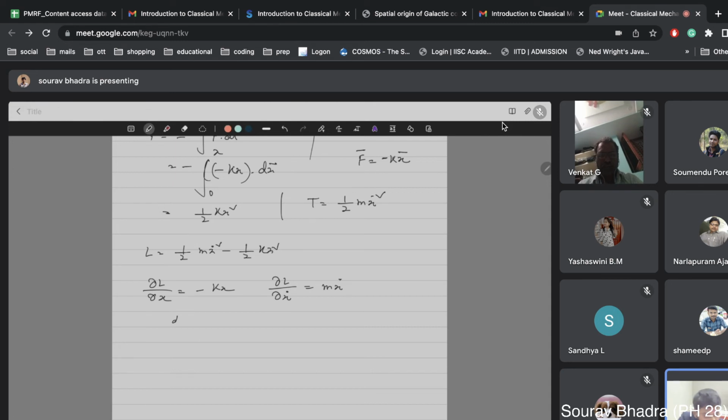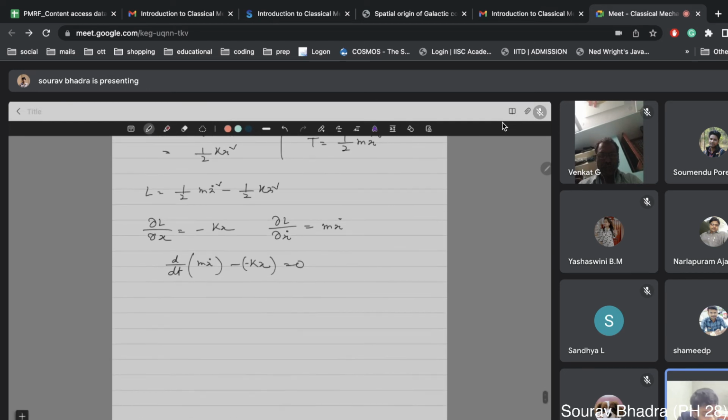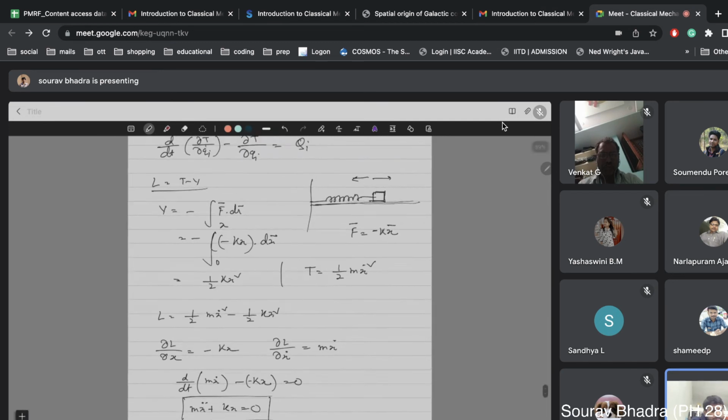So the equation is d/dt of ∂L/∂x dot, that is m x dot, minus ∂L/∂x. With the minus sign, it becomes m x double dot plus kx equals 0. This is the equation of motion of this particular system. It was a very simple problem.